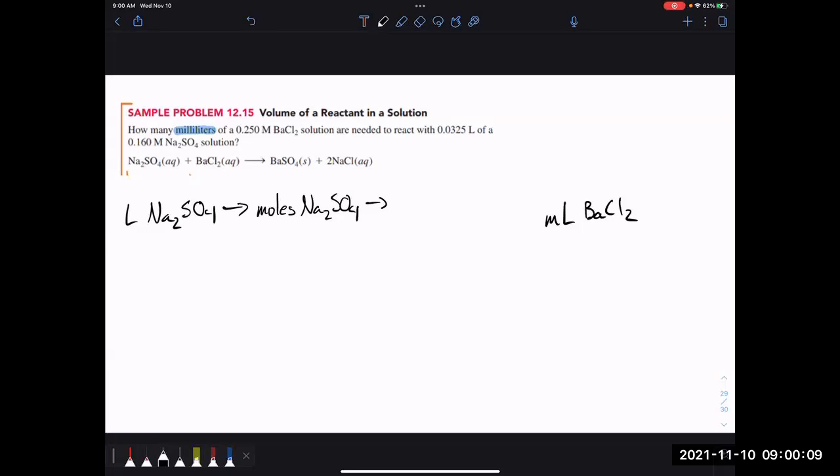So moles of sodium sulfate to moles of barium chloride. Once we have the moles of barium chloride, hey, there we go. We can calculate the milliliters of barium chloride.